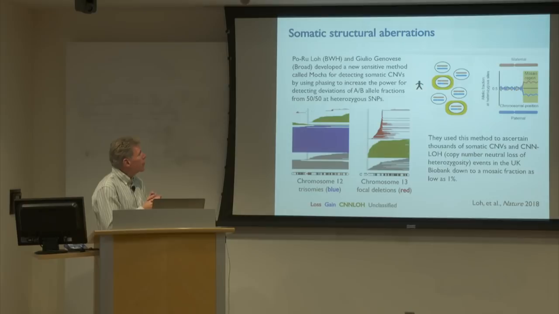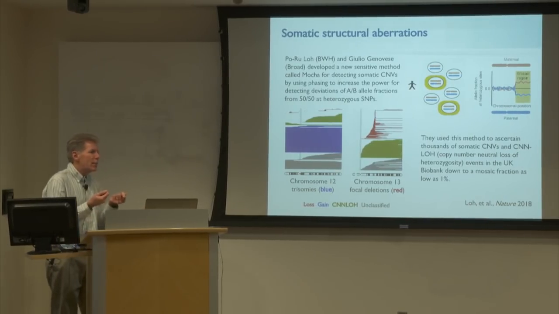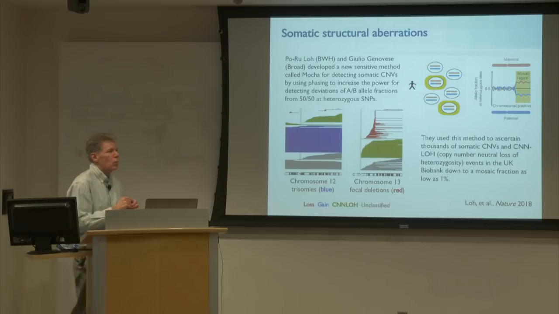Po Rouleau at Brigham and Women's and Giulio Genovese here at Broad developed a new method called MOCA for detecting these somatic CNVs. They use phasing to really increase the power for looking at these somatic events. And by using phasing, they're able to detect these events at extremely low fraction, down to as low as 1% clonality in blood.